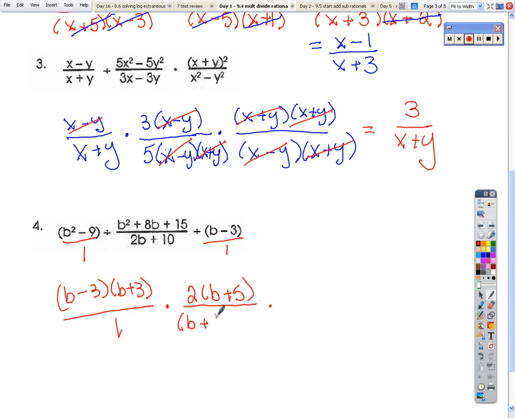It's going to be plus 5 and plus 3. And then I need the reciprocal of this last piece because of the division. B plus 5s can cancel, b plus 3s cancel, b minus 3s cancel. I'm left with 2 as an answer.